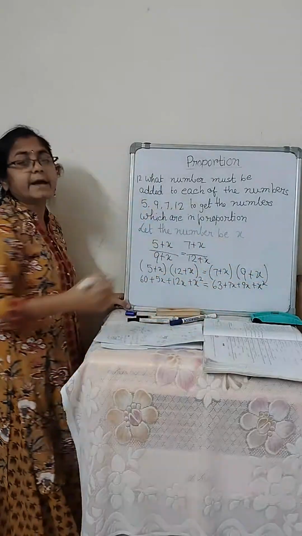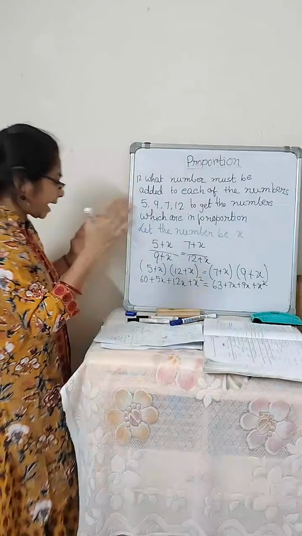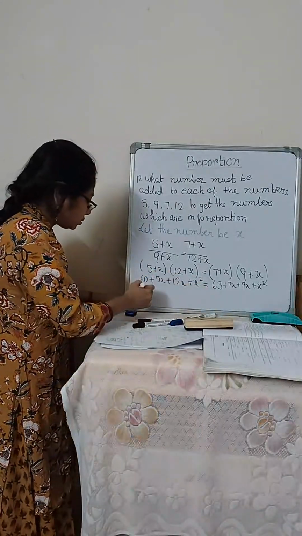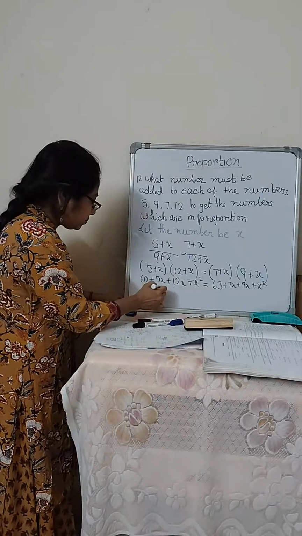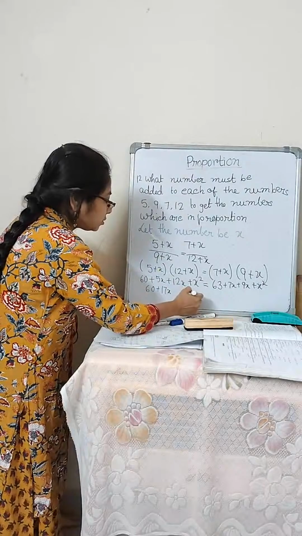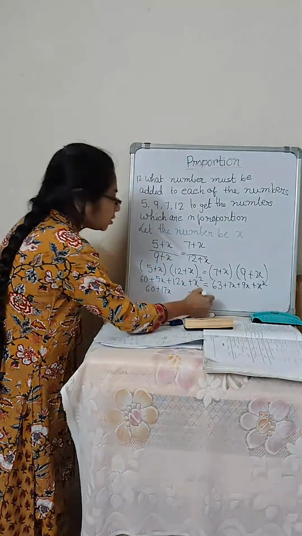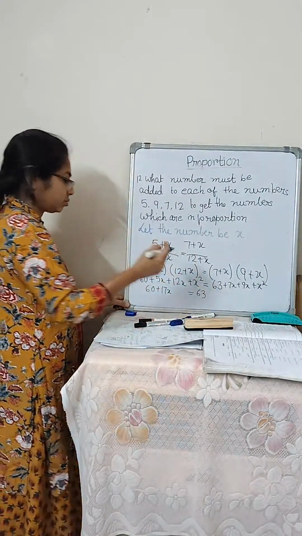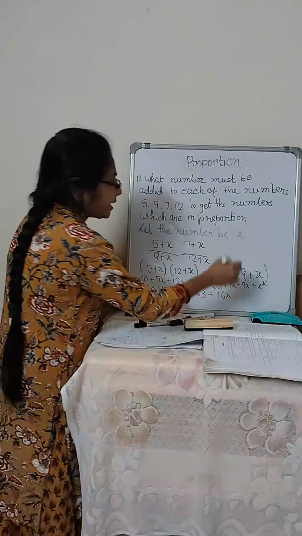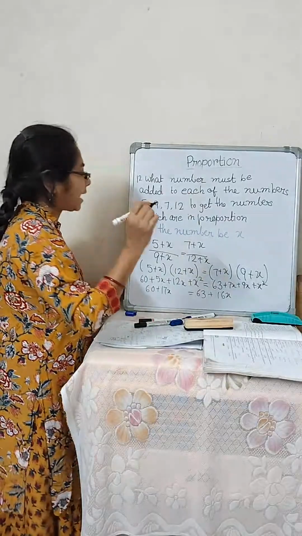On both sides x square has a plus sign, so I cancel it. Now I'll check it. 17, 16, x square I cancel here.